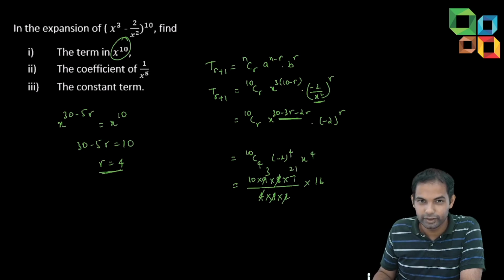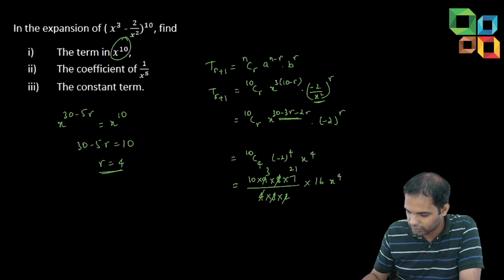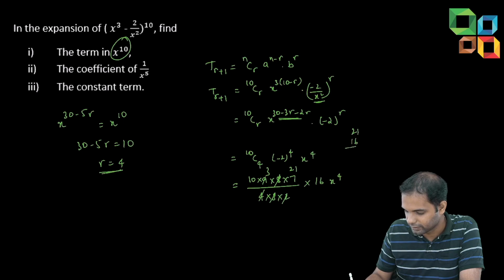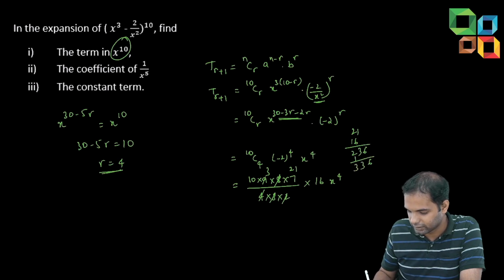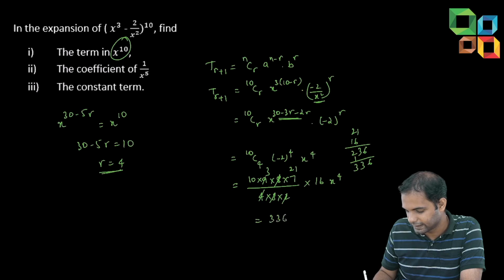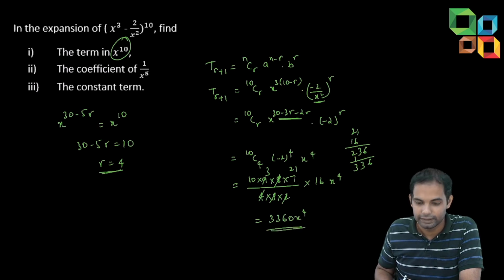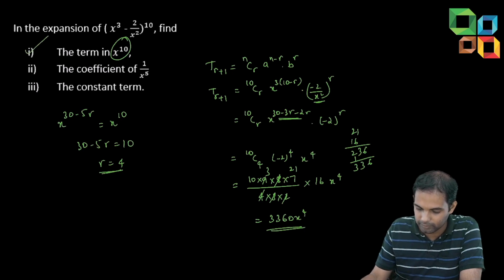So 21 into 16 into 10 into x power. Just to multiply, 21 into 16 gives 336, so you should get 3360 x power. That should be your term with x power 10.